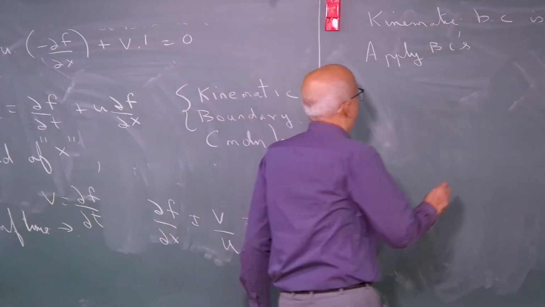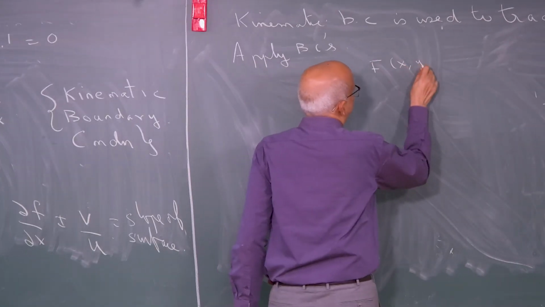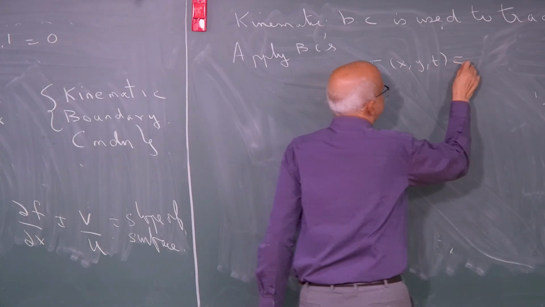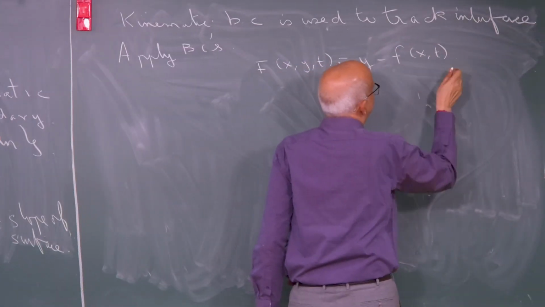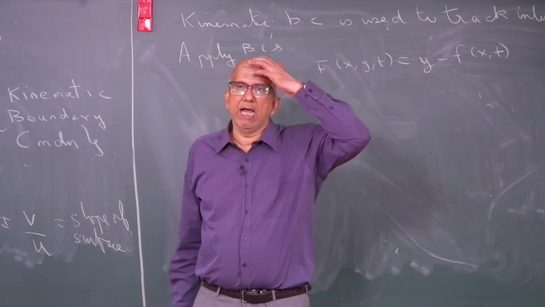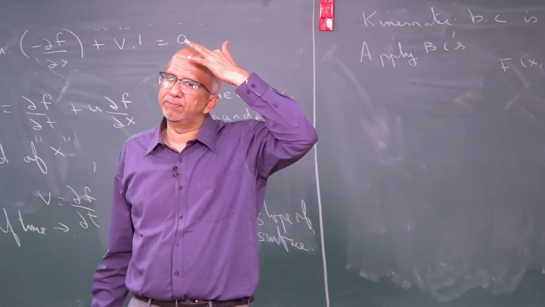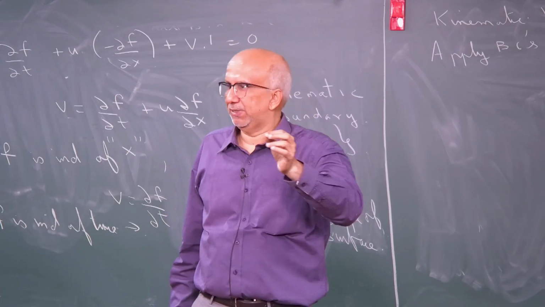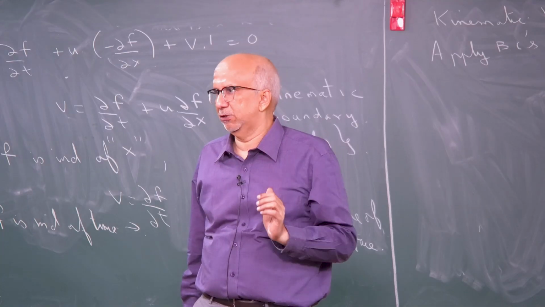So, my surface now is F of x, y, t, which is y minus f of x, t. When it comes to boundary conditions, I am going to be applying the boundary condition at every time instant. So I fix a particular time, and at every time the boundary condition has to be valid.